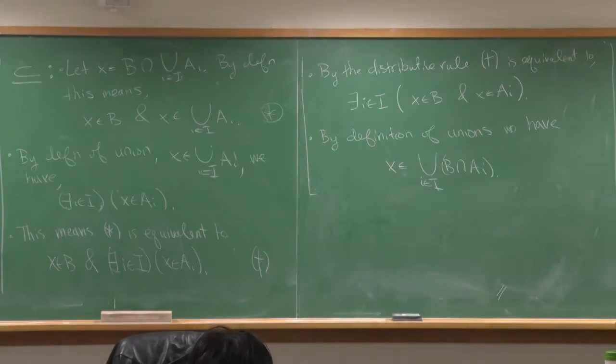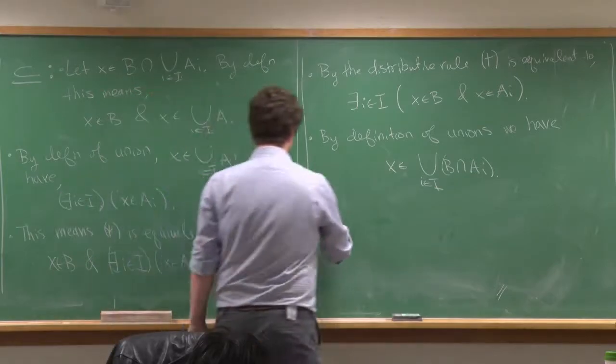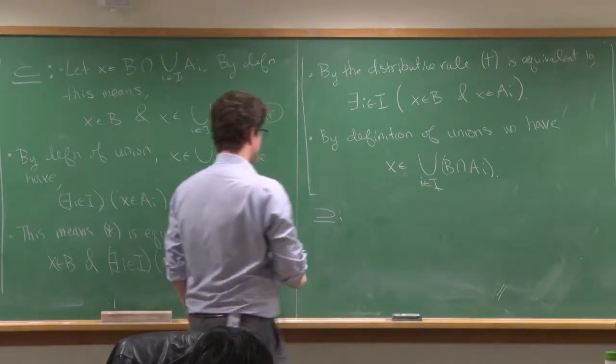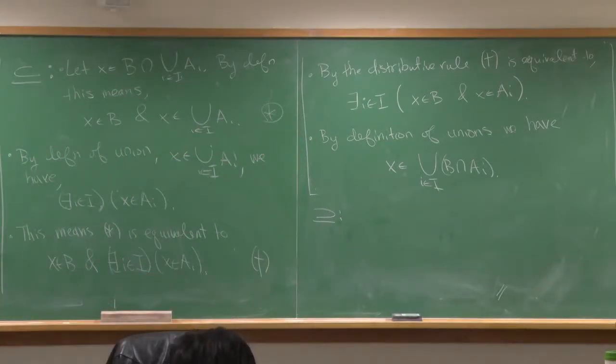Okay. Let's do the other inclusion. Let's do this proof here. So how should this proof start? Yeah, so let X be an element of this, right?